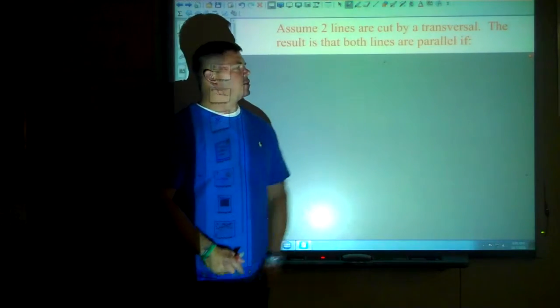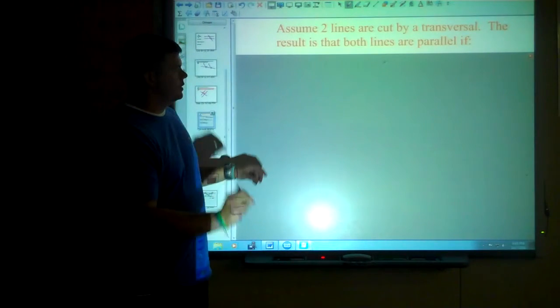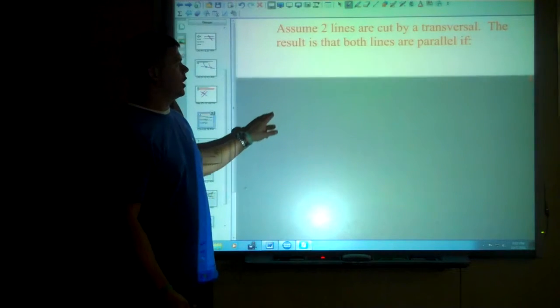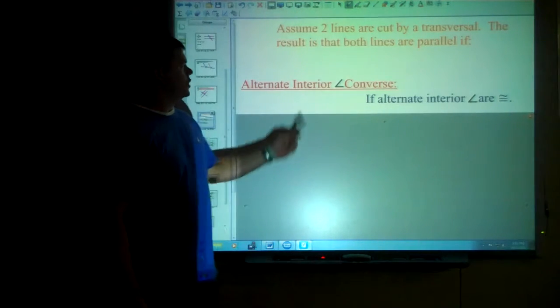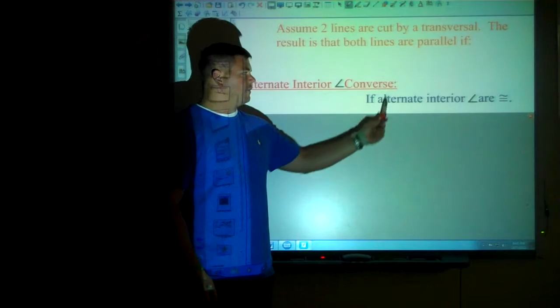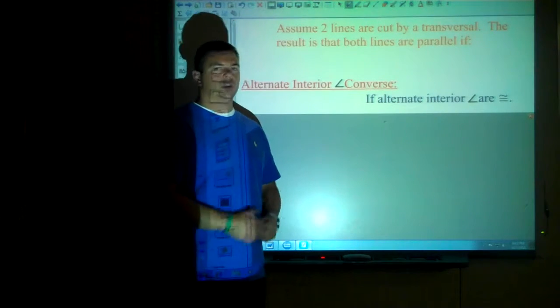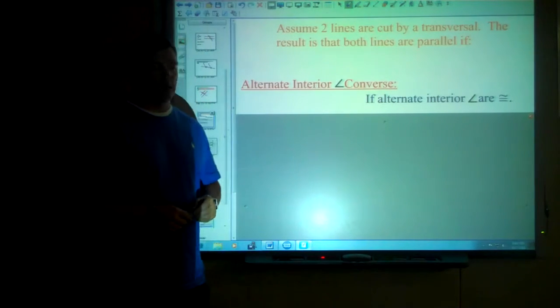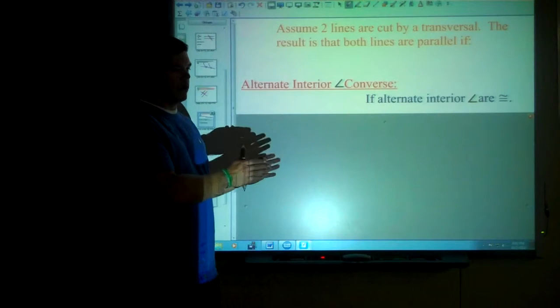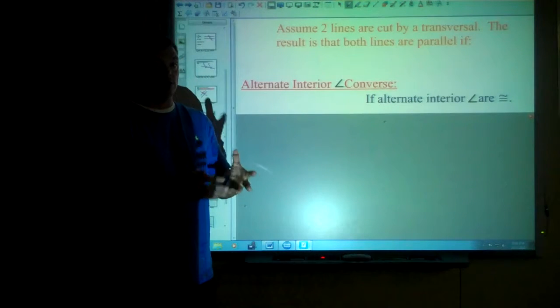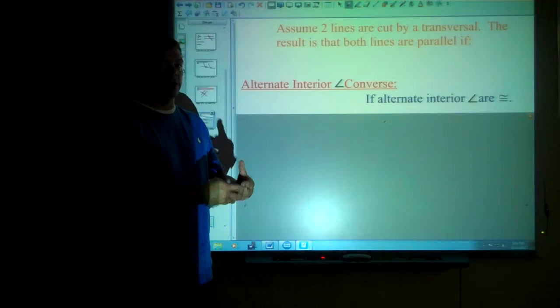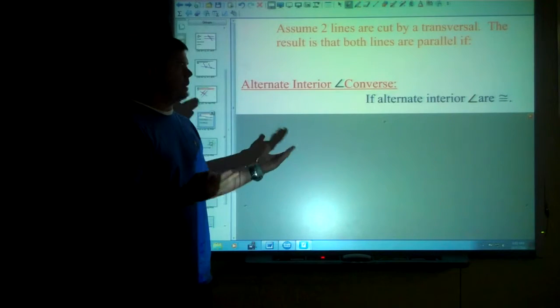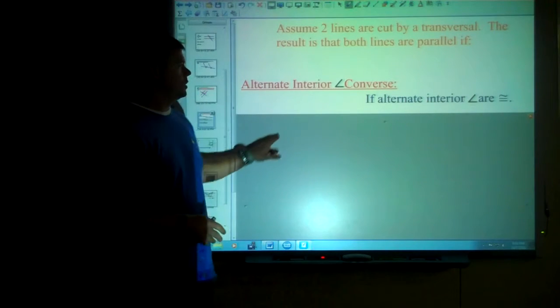The result is that both lines are parallel if, and this is all converse of each one of our concepts before, the alternate interior angle converse: if the alternate interior angles are congruent, then you know the lines are going to be parallel. Just like we used parallel lines to prove that the alternate interior angles would be congruent, now we use the idea that they're congruent to prove the lines are parallel. We just reverse it, converse.